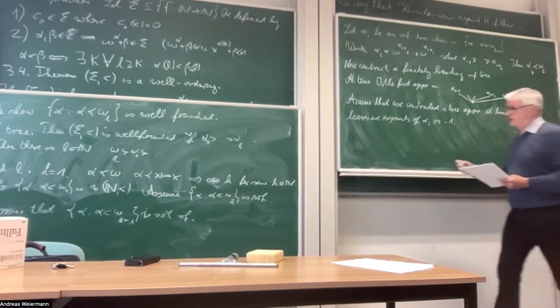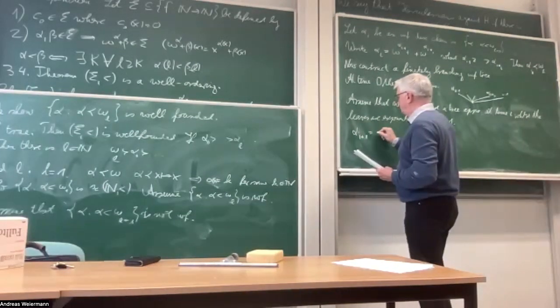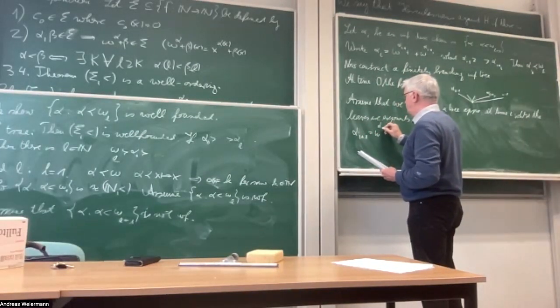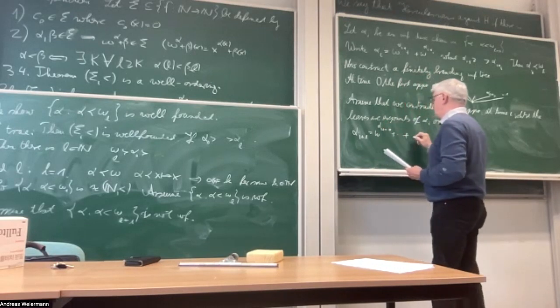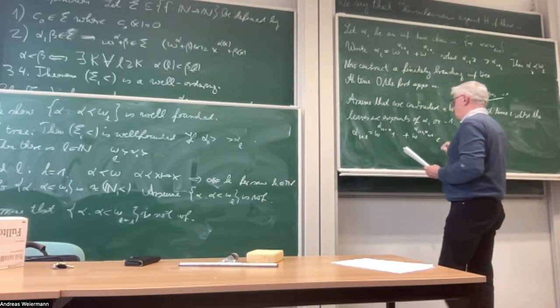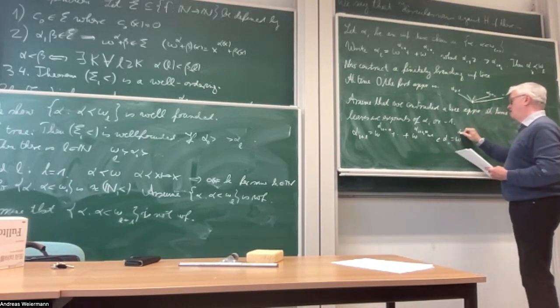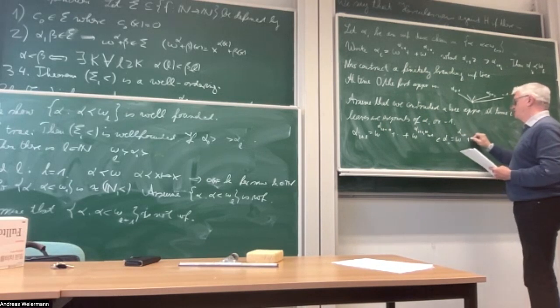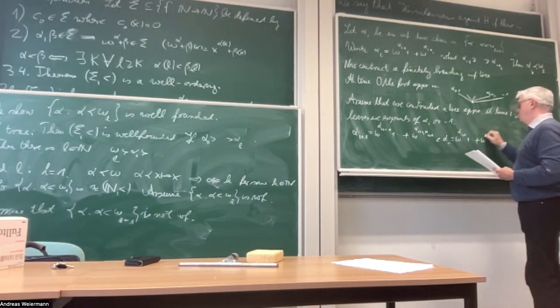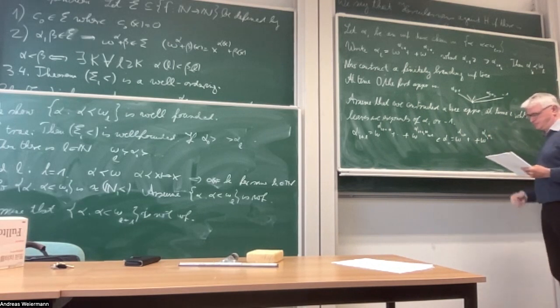Now we compare alpha i plus 1. Omega to alpha i plus 1, 0 plus omega to alpha i plus 1, and i plus 1 smaller than alpha i, is omega to alpha i 0 plus omega to alpha i.